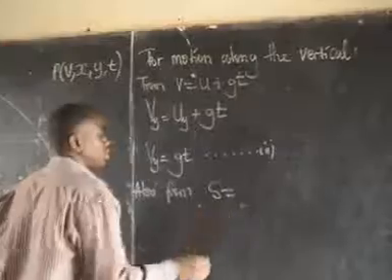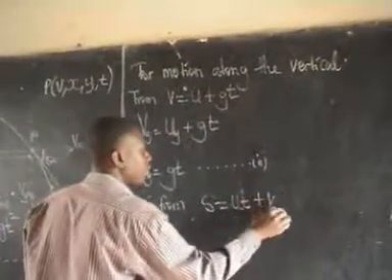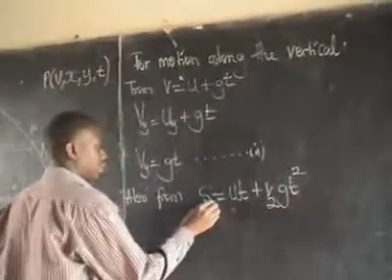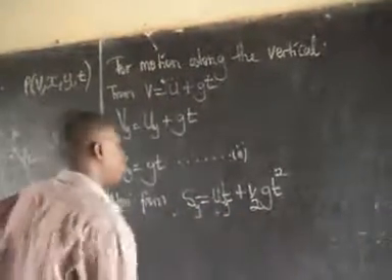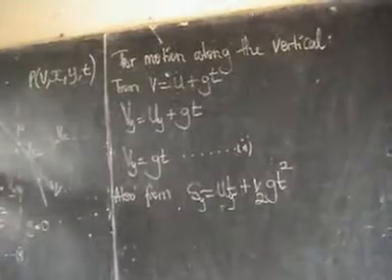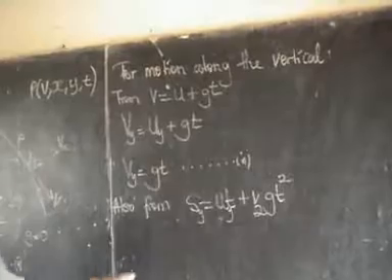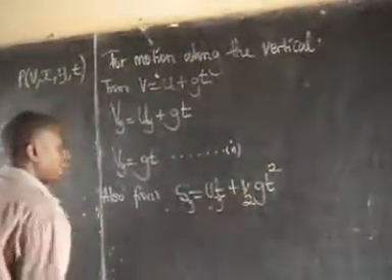Also, from S is equal to ut plus a half gt squared, Sy will be equal to Uy t plus that. So if I want to find the value of y, the vertical displacement, I'm going to take my y positive, since I have also used the value of g as positive.